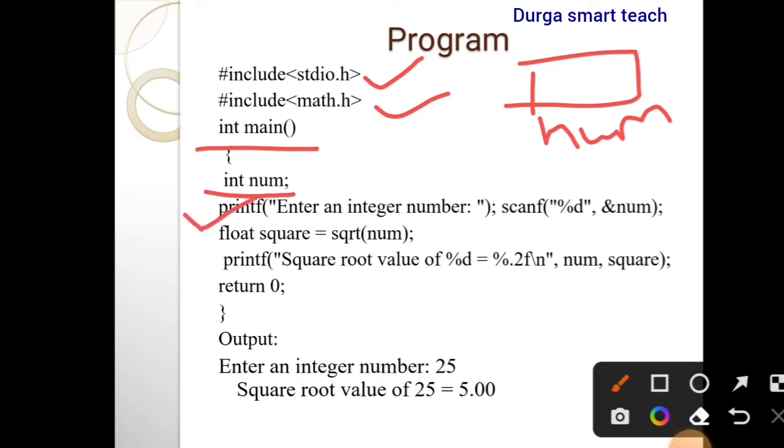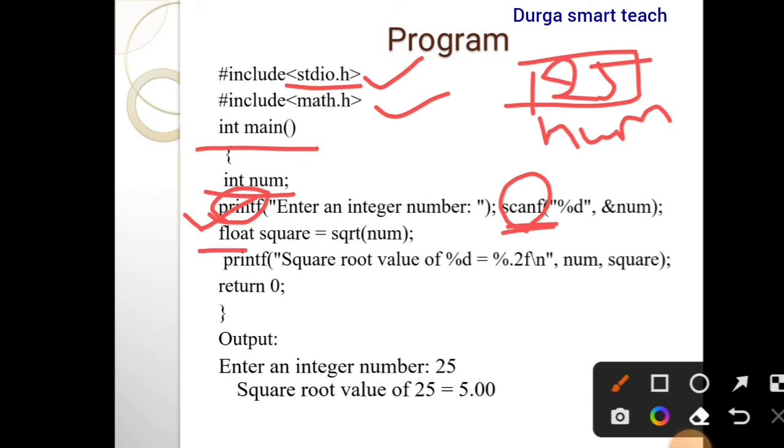Next I am using printf, "Enter an integer". The scanf function is used to read the data from the user. This task is already defined in stdio.h, so no need to specify it. printf means displaying a message, scanf means reading data. Suppose I am taking 25.